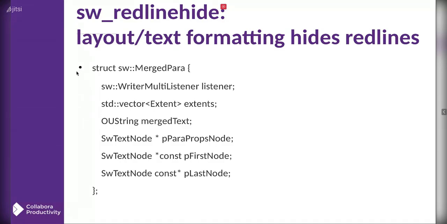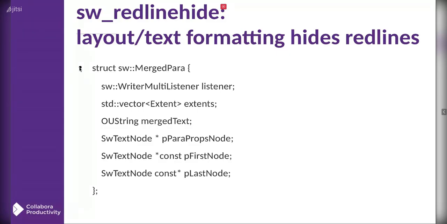If you have a tracked change which is a deletion, then in the old days, when you toggled the view settings to show or hide the tracked deletions, that would actually modify your document model, but we don't do that anymore. Instead, now the layout and the text formatting hide the delete redlines.